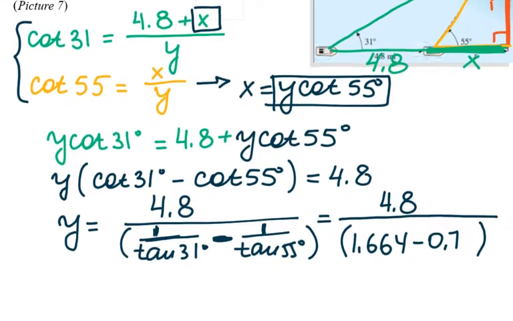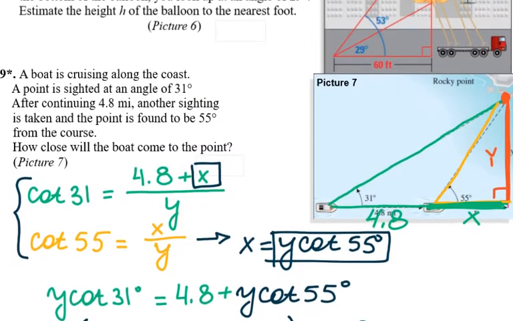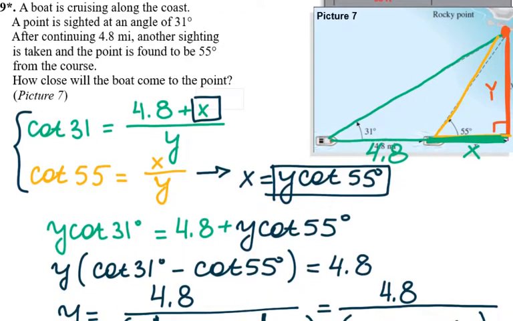And then only after that, I'm going to plug into my calculator 4.8 divided by 0.96, and I get my answer as 5 miles. I think that's because the numbers were given in miles. So that will give me an answer for number 9.